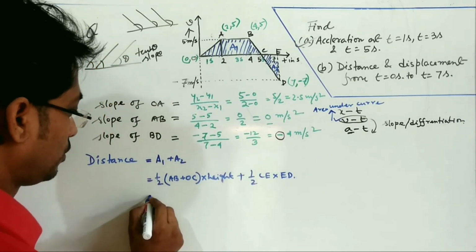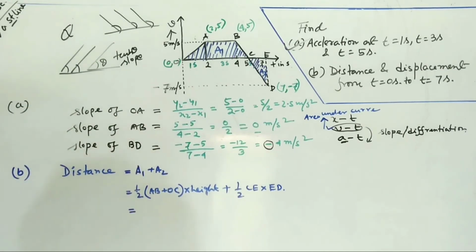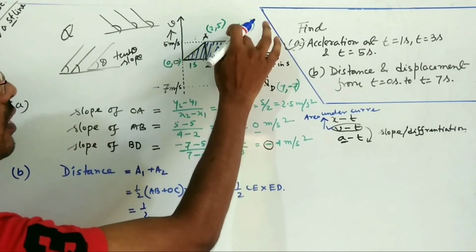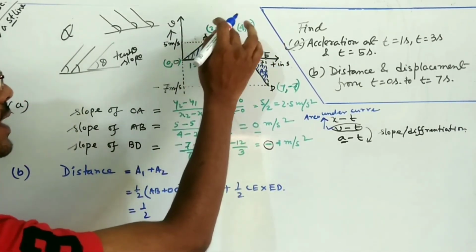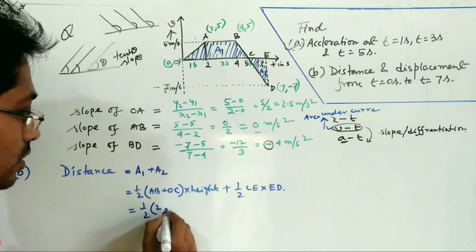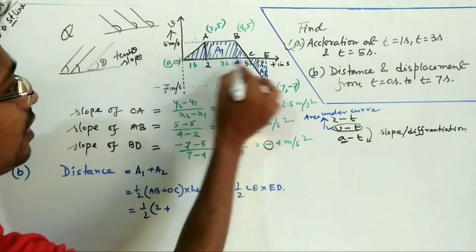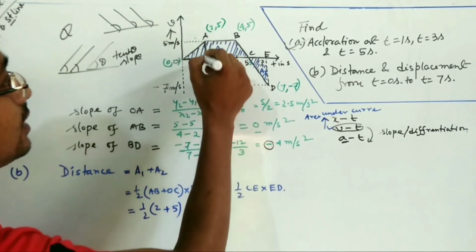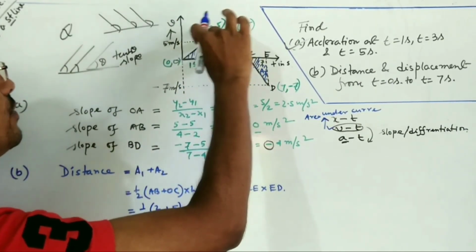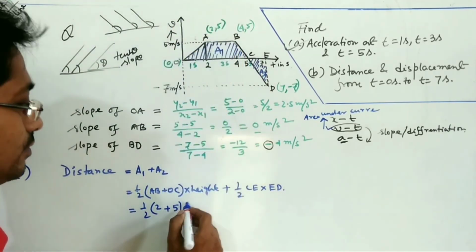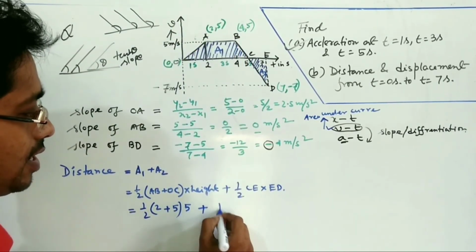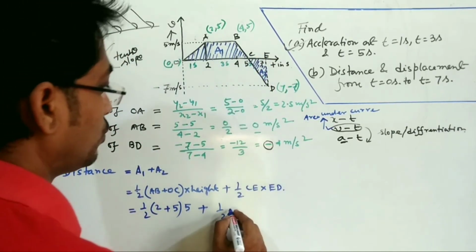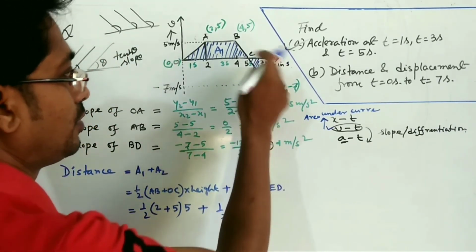So this will come out as half of AB, and AB means 4 minus 2, taking the x coordinates, plus OC up to 5 seconds, so 5. The height is 5 meters per second. Plus half into C, which is 5 to 7, so 7 minus 5 is equal to 2.